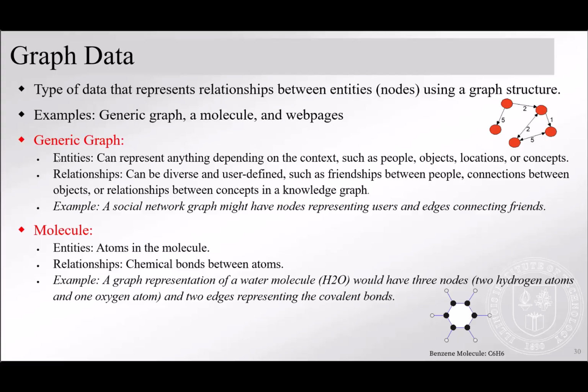The entities could be people, objects, locations, concepts, whatever makes sense for your problem. The relationships are also flexible: friendship between people, connections between objects, relationships between concepts, as in a knowledge graph, whatever.